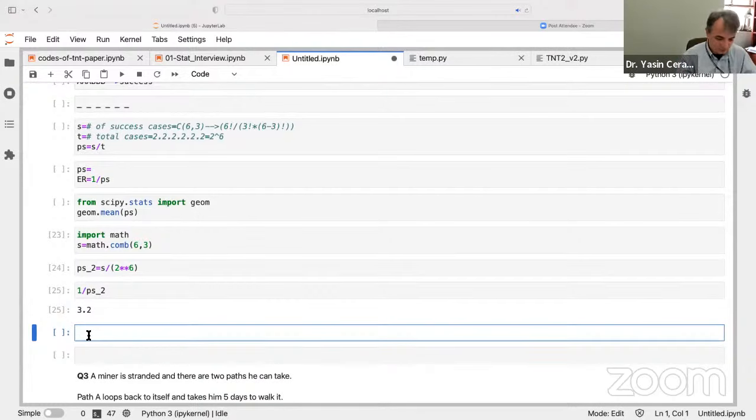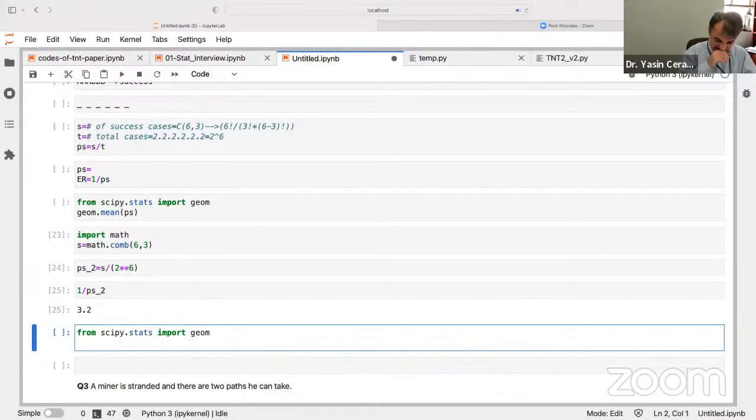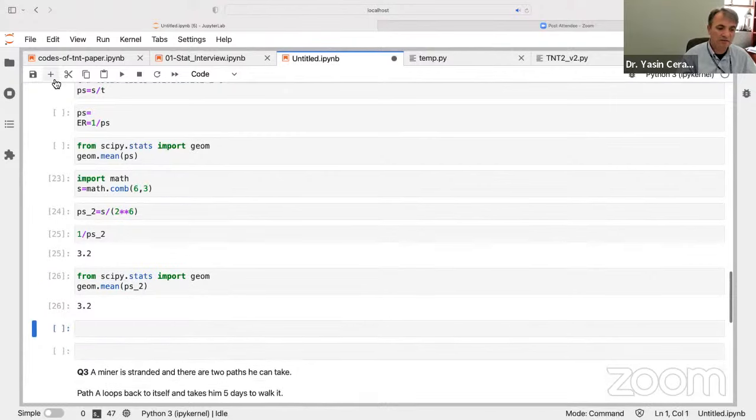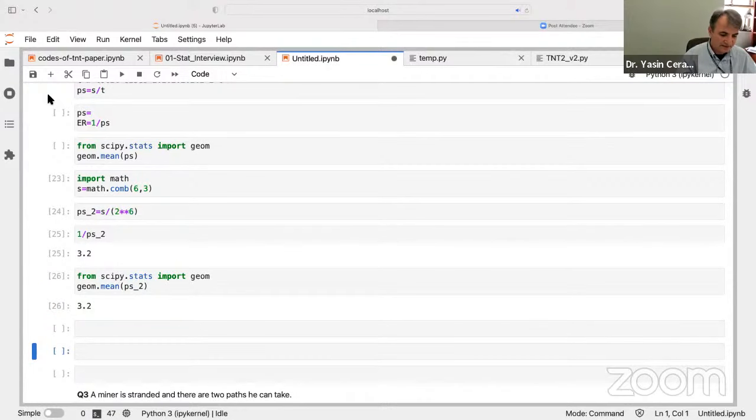So I can also use from scipy.stats import the geom distribution, and let me find geom.mean with PS2. Okay, I got the same answer. Perfect. Now, can I simulate it?